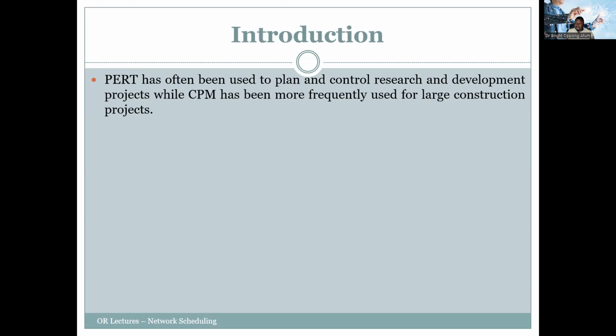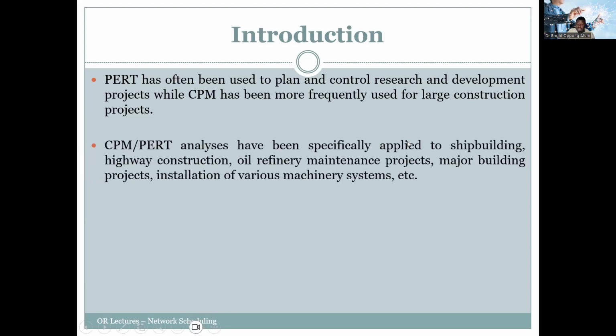However, CPM is more frequently used for large construction projects, but they both ensure that the activities are scheduled in a systematic way, right? And therefore they can be applied in shipbuilding, highway construction, refineries, major building projects, installation of various machinery, right?